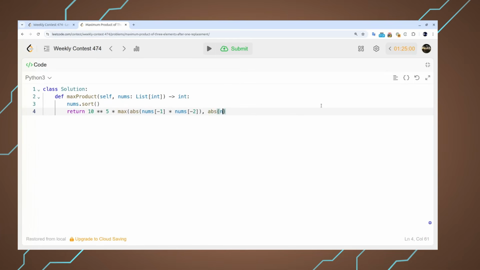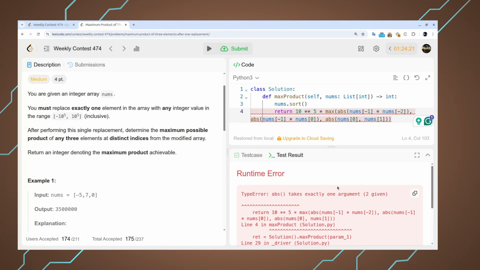Then the absolute value of nums[-1] times nums[0], and finally nums[0] times nums[1]. How can I make this smaller? Okay, why 2 given? Not 2 given. Oh, sorry about that.